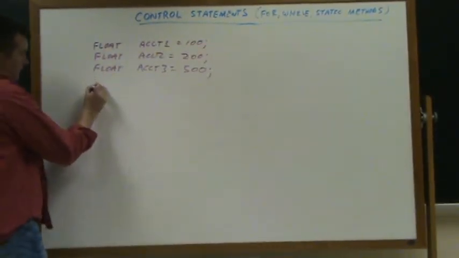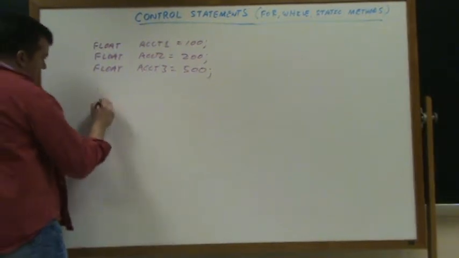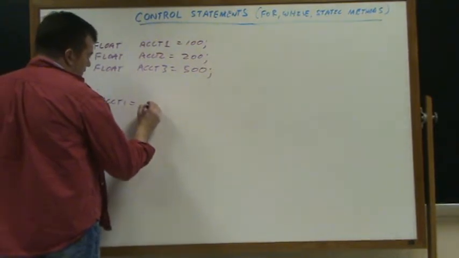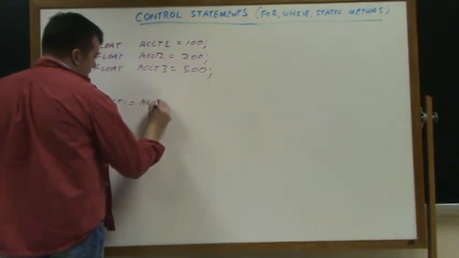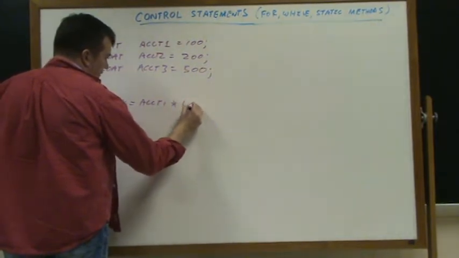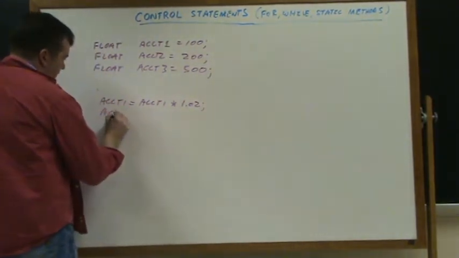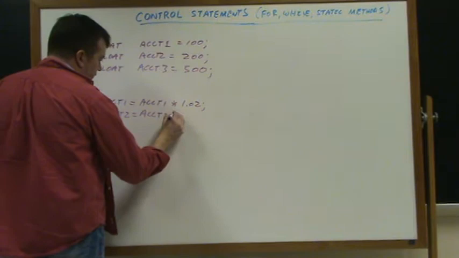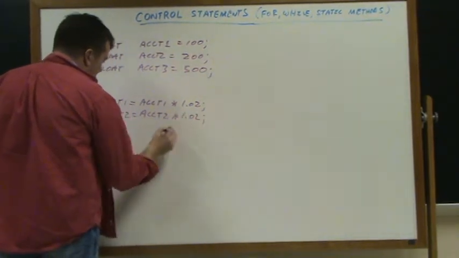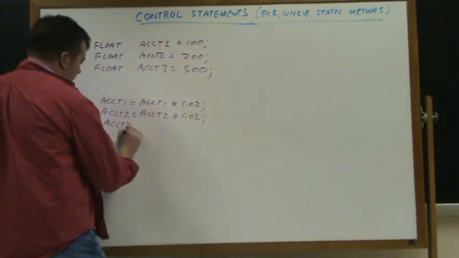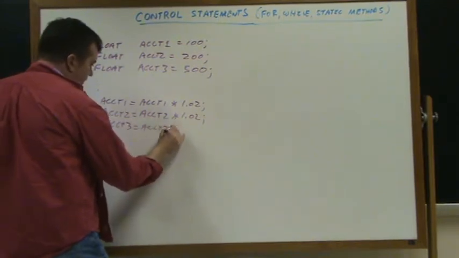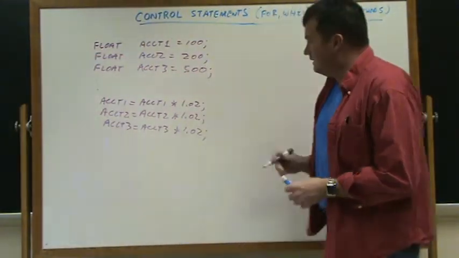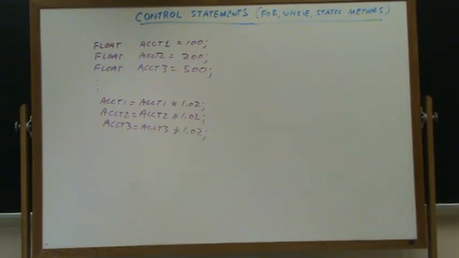At some later point in our code, we would say something like ACCT1 equals ACCT1 times 1.02, and then ACCT2 equals ACCT2 times 1.02, and then ACCT3 equals ACCT3 times 1.02. And we gave the three accounts 2% interest, right?